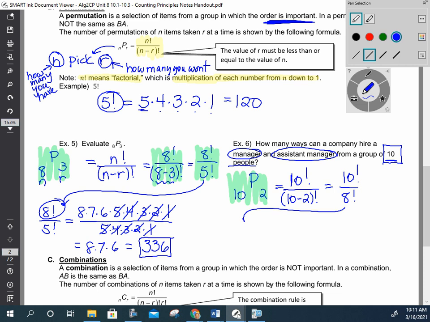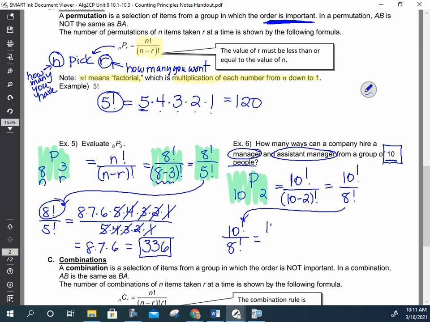Now, for those of you who do not have a graphing calculator, this is how the problem would look. 10 factorial is 10 times 9 times 8 times 7 times 6 times 5 times 4 times 3 times 2 times 1. 8 factorial is 8 times 7 times 6 times 5 times 4 times 3 times 2 times 1.